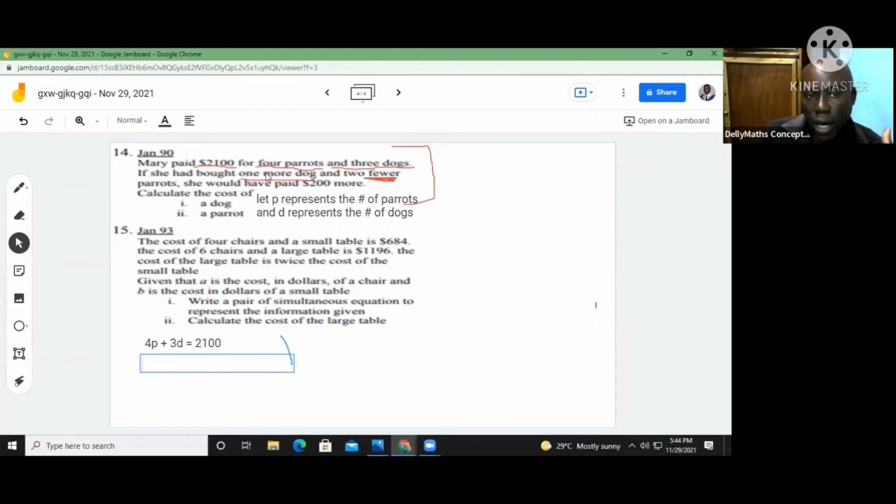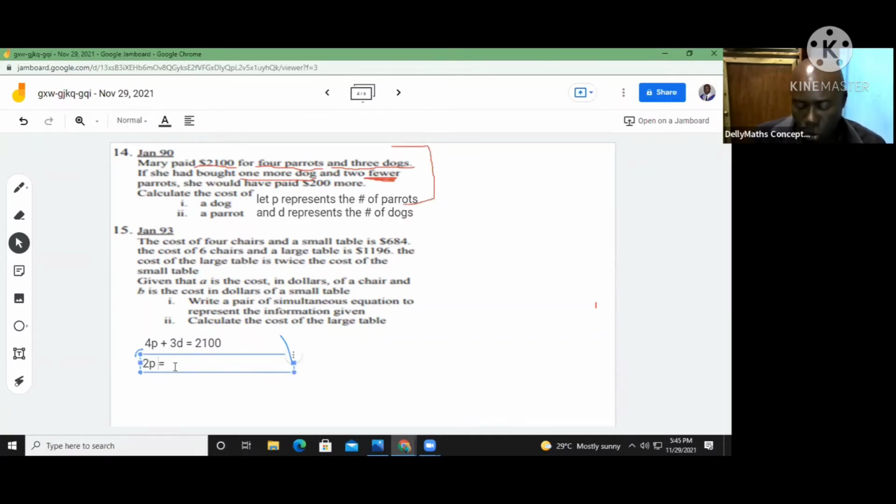If she had bought 1 fewer dog and 2 fewer parrots. So let's start with the parrots. 2 fewer parrots would mean that it's 2 less than 4. So that's 2 parrots. That's what they mean.